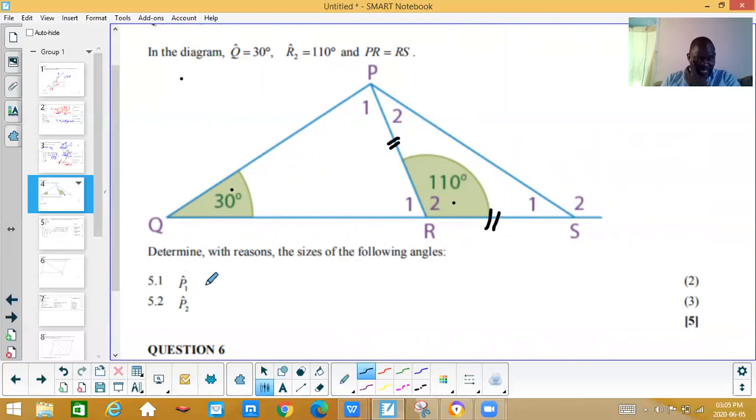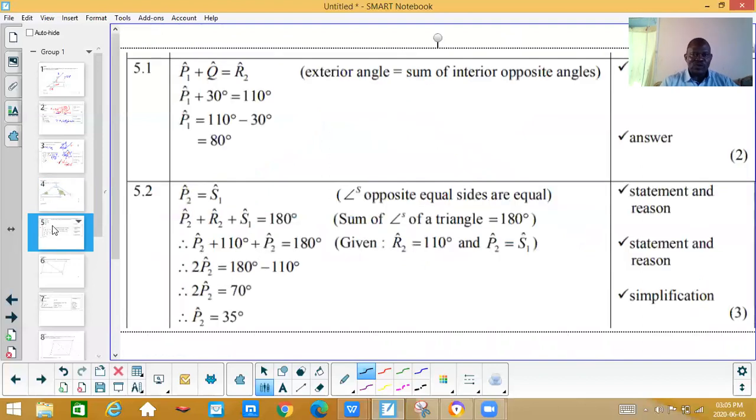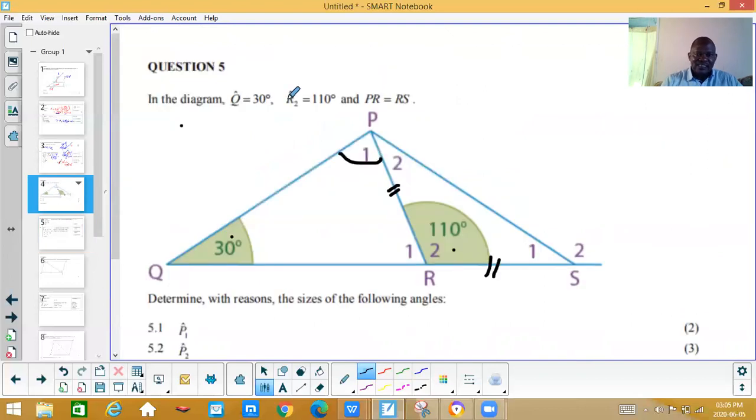Now we want to find the size of P1. This is our P1. How can we best find the size of P1?